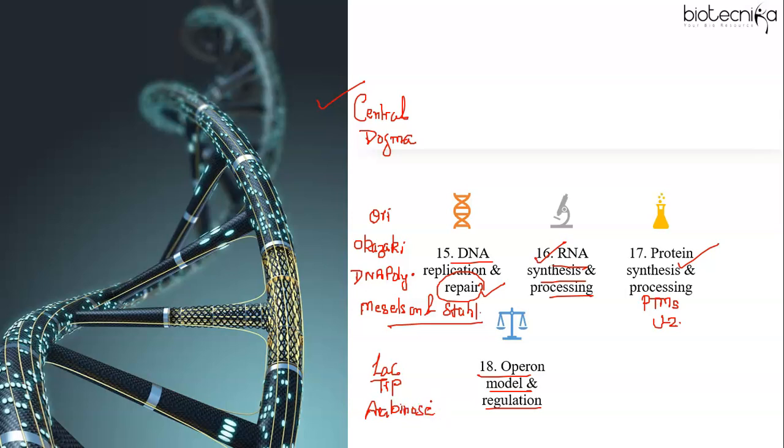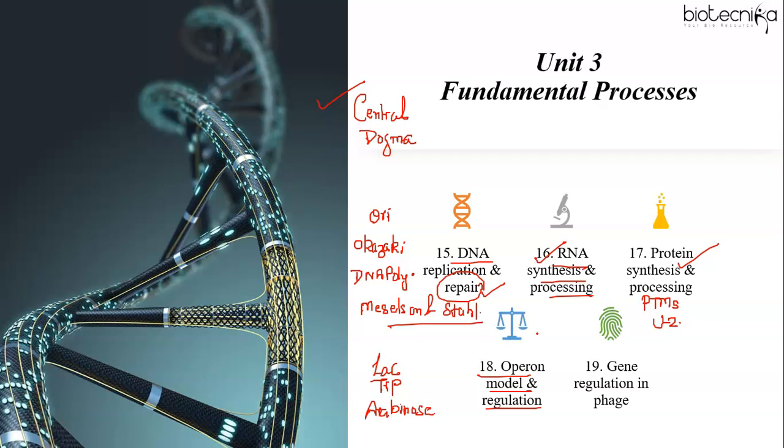Theory-based questions are expected from the operon system. They are often asked in part C of the CSIR NET Life Science exam. And then gene regulation in phage is also important. So switching of the lytic cycle over lysogenic cycle in viruses is the key topic which needs to be studied from here. So as mentioned earlier, all these topics are covered in unit 3, that is fundamental processes.